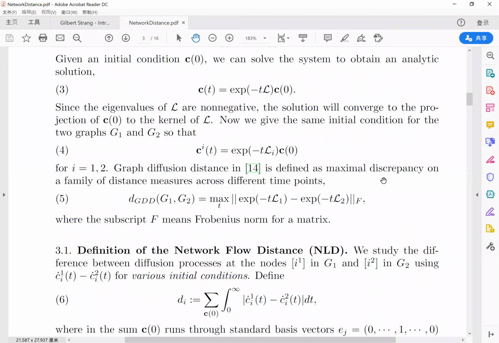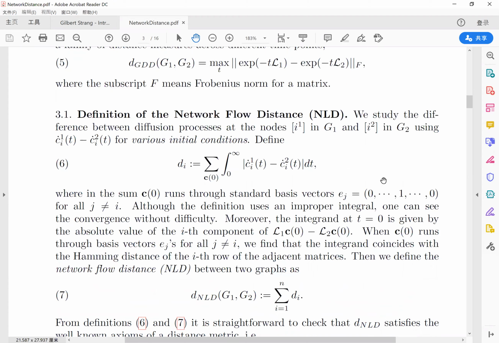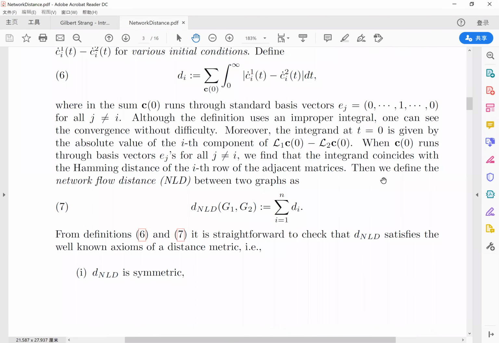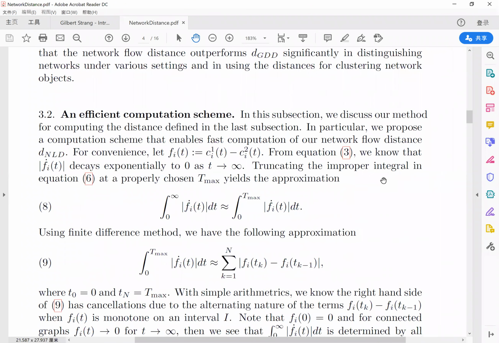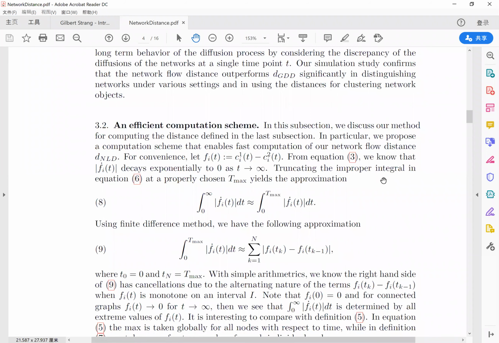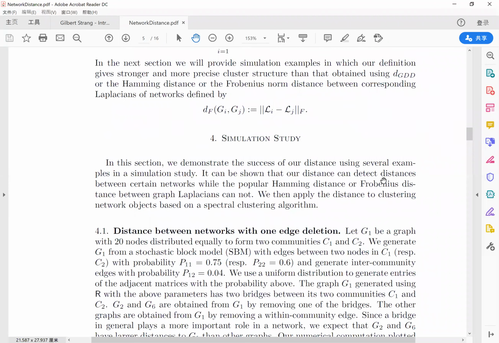Finally we get a well-defined distance, and using it we can find a similarity matrix. Then we can classify objects. Of course, we have an effective computation scheme using linear algebra.